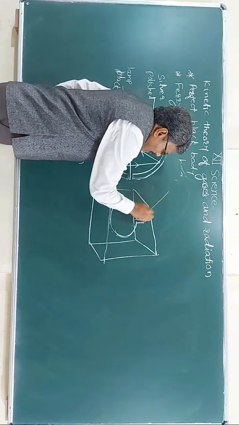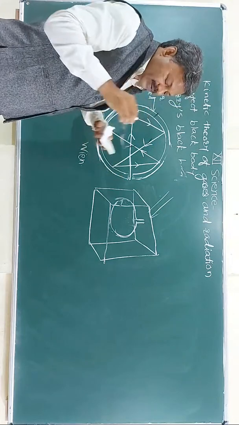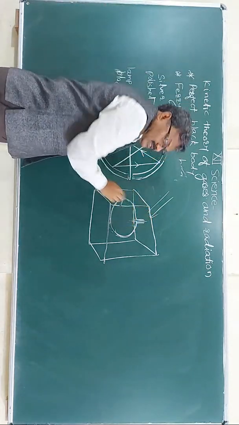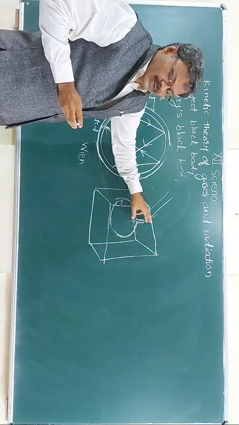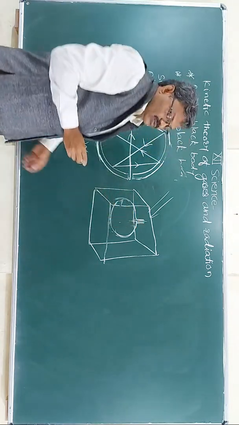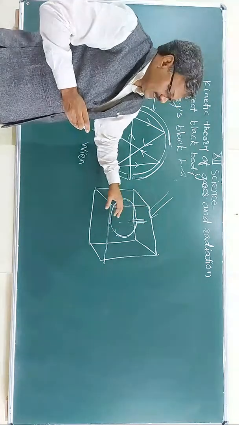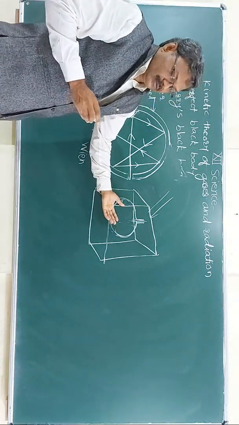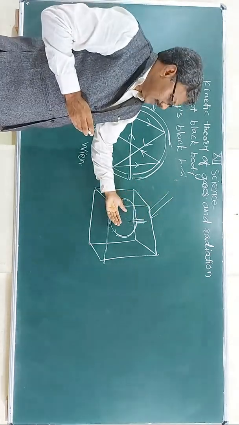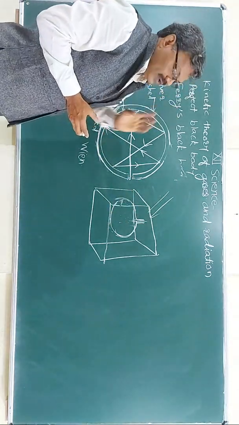When radiant energy or heat is incident on this body, it enters through this hole and into the cavity, and this energy cannot return through the hole again, so this body acts as a perfect black body.